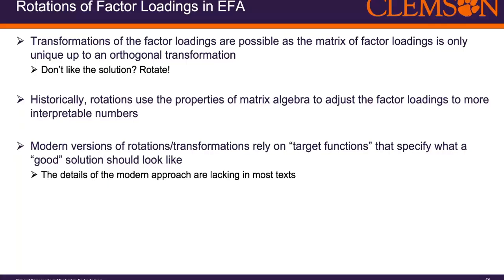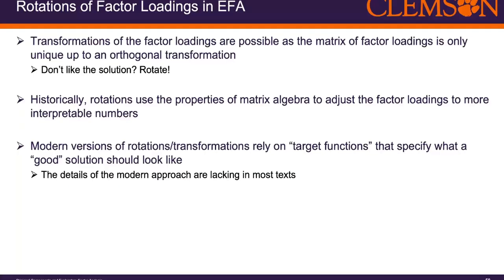This is a problem with subjectivity in the analysis as well. Not a great sign. So historically, rotations use the properties of matrix algebra to adjust the factor loadings to more interpretable numbers. You would see this coming out from the principal component-based techniques. Now, I will note as we go later on, when we set our own constraints, setting things equal to zero, we lose the need to rotate our matrix. But that's not this analysis.